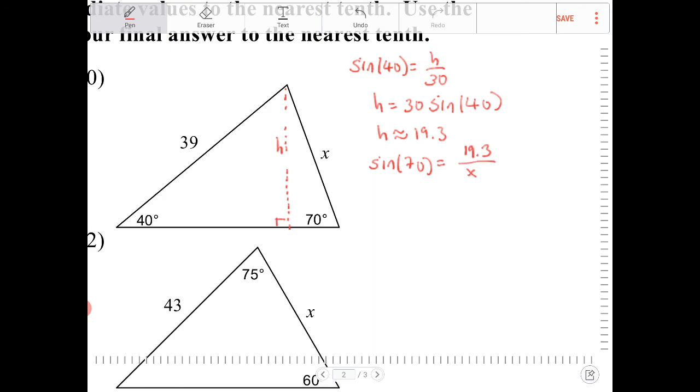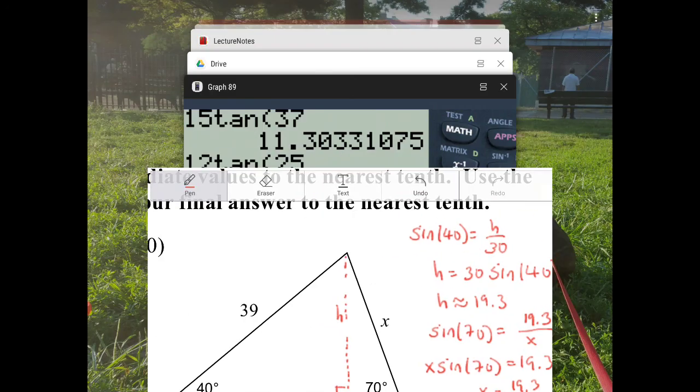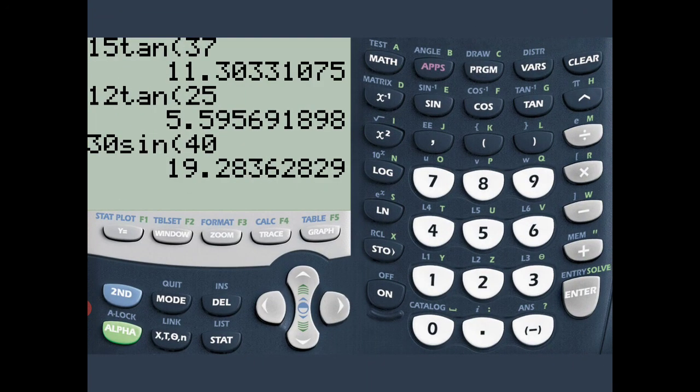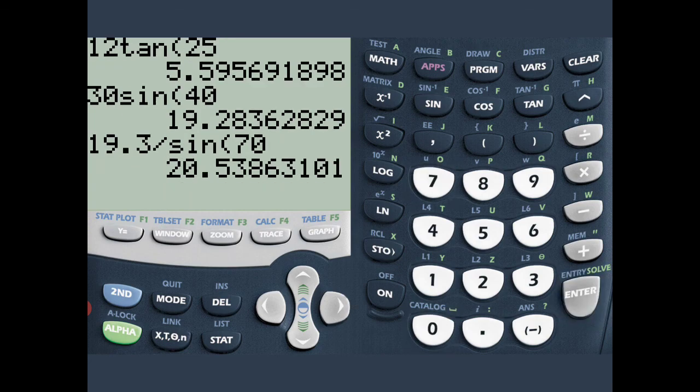And I am going to solve for x. So I'm going to cross multiply both sides by x and divide both sides by sine 70. So x is equal to 19.3 over sine 70. And I'm going to punch that into the calculator. So 19.3 divided by sine 70, it would be 20.5.